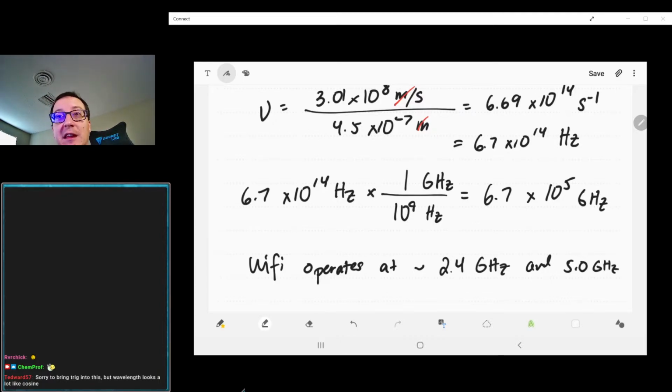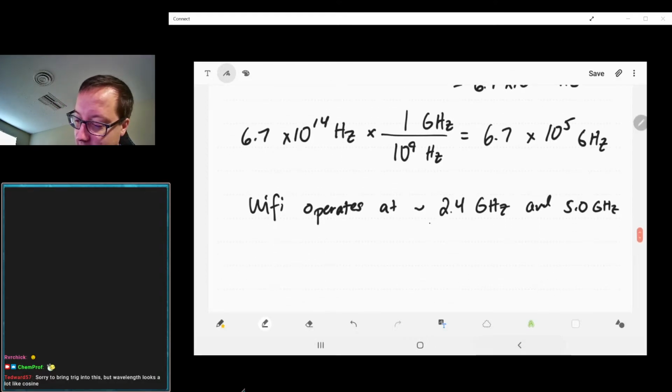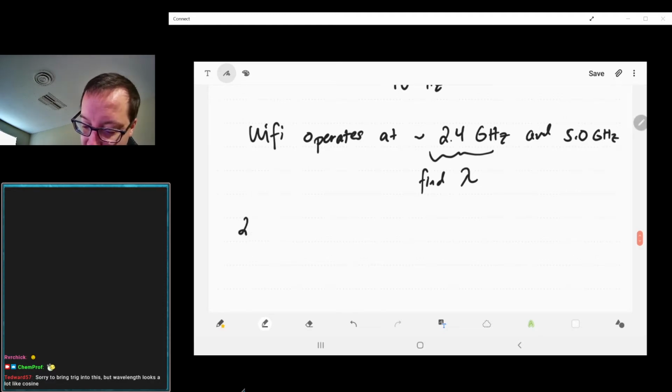Let's see if we can go ahead and... Oh, by the way, guess what? Wi-Fi is light. It is just light waves. That's all it is. Let's see if we can take this gigahertz and find the wavelength of this 2.4 gigahertz.